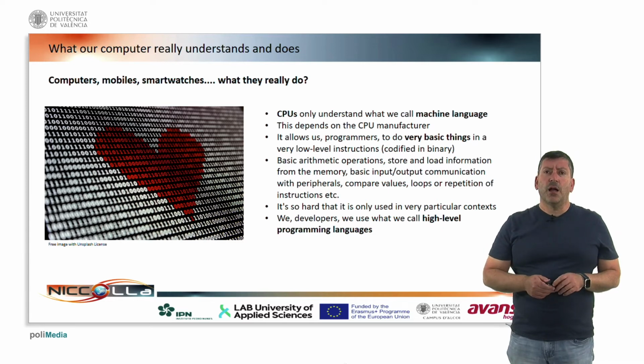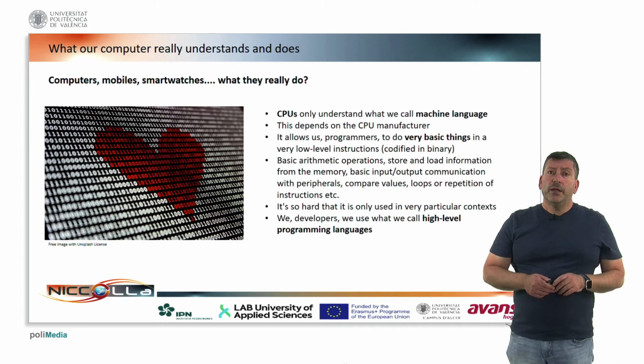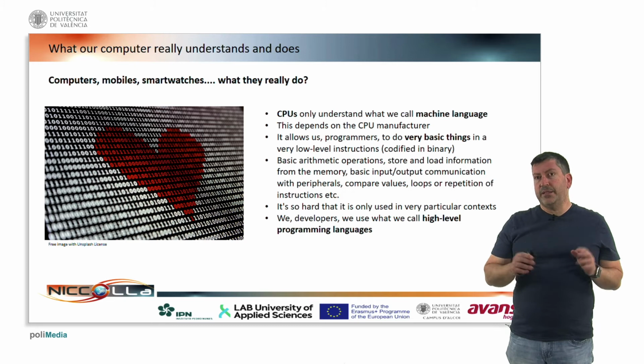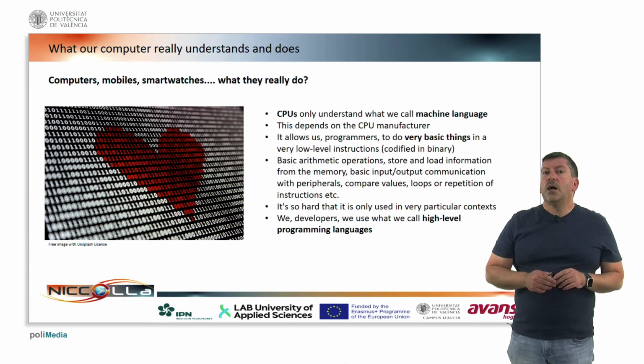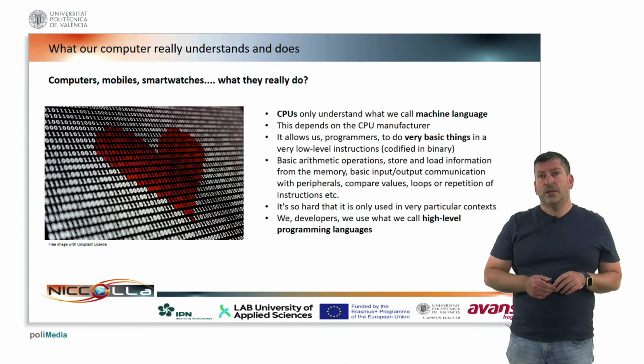This language depends on the company that produces the CPU. It allows us, programmers, to do very basic things, believe me, in very low level instructions, that we have even to codify in binary code, okay?